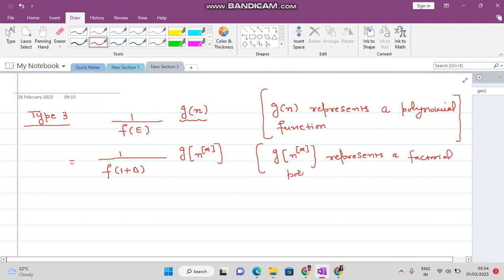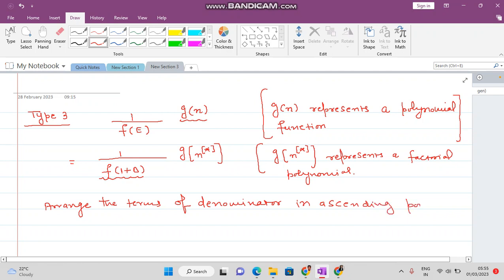Now after changing E to 1 plus delta, arrange the terms of the denominator in ascending powers of delta, and apply binomial theorem for solving the problem.